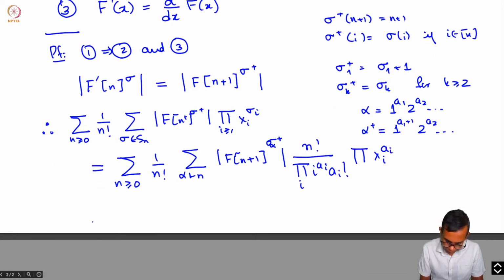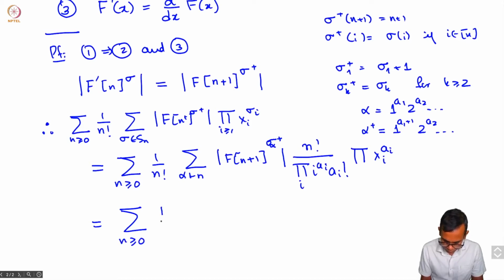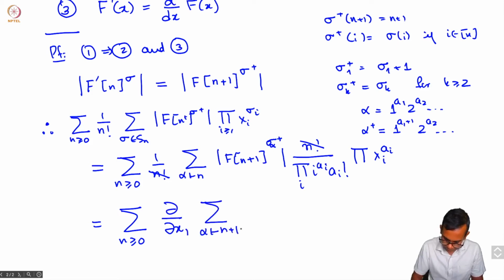But if you think about it, this is just sum over n greater than or equal to 0. This n factorial and this n factorial cancel out. What you get is sum over alpha partitions of n. But if you think about it, this is the same as del x1 of sum over all alpha partitions of n plus 1 of f n plus 1 of sigma times 1 over.